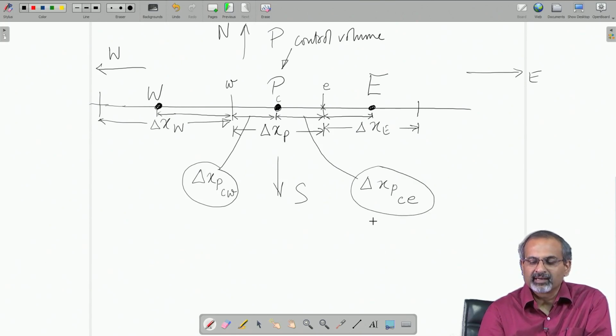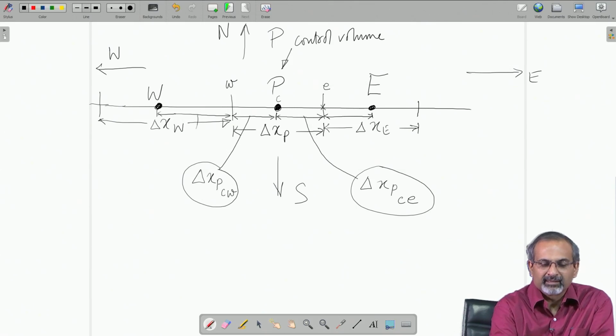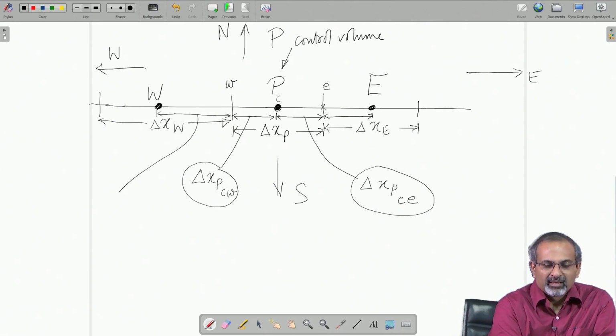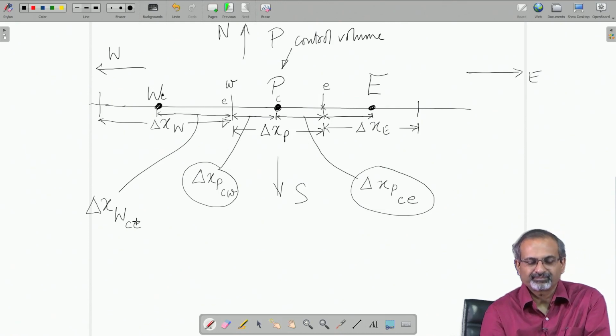Also, as you can understand, if you go to a neighboring cell, let us say the west cell, and you try to find out the delta x w, and then if you call this point again for the w cell as C and for the w cell as E, it would be x w C E, and so on.